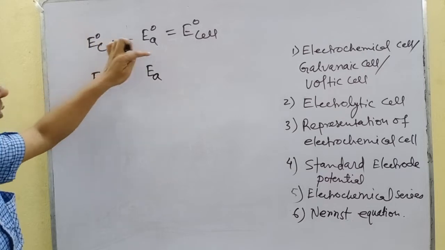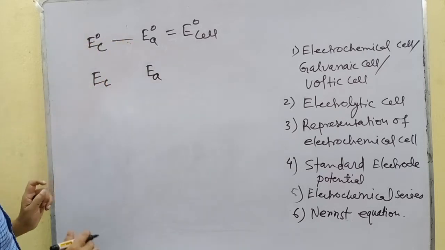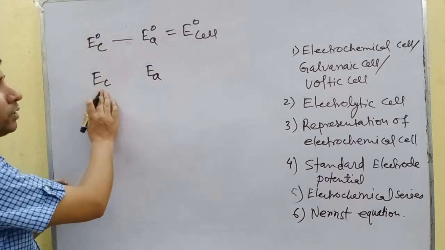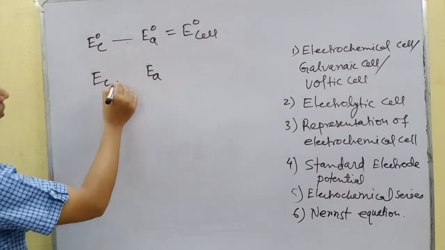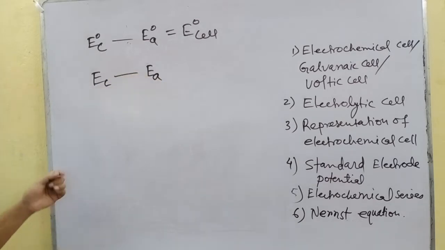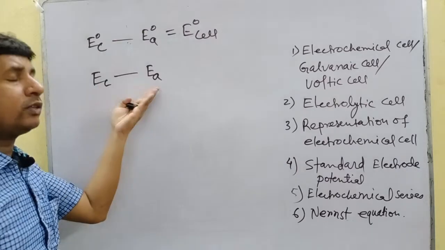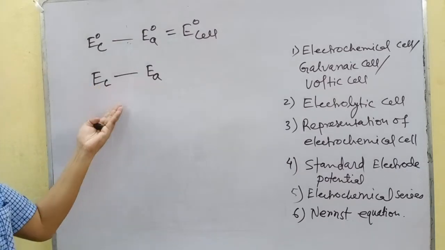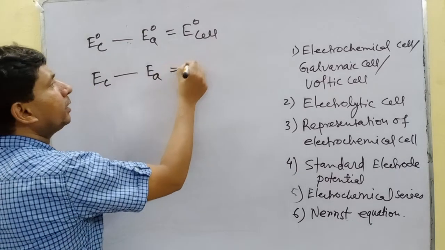There is no 0 because this is not standard. Then what happens? The difference between two electrode potentials will be E cell.